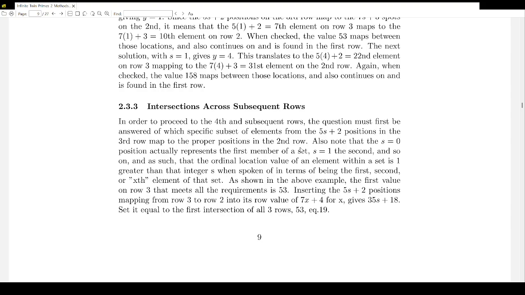For each step of this, we're going back and forth between a stage that says what elements map in general, and a step where you have to say which specific ones map so we can track it all the way back through. Then you go up to the next row and ask what the formula is in general, but then which are the specific ones that hit the values we had from before so that it goes all the way through. So you're seesawing back and forth between the general one for the next row and then going back and saying, what are those specific values?